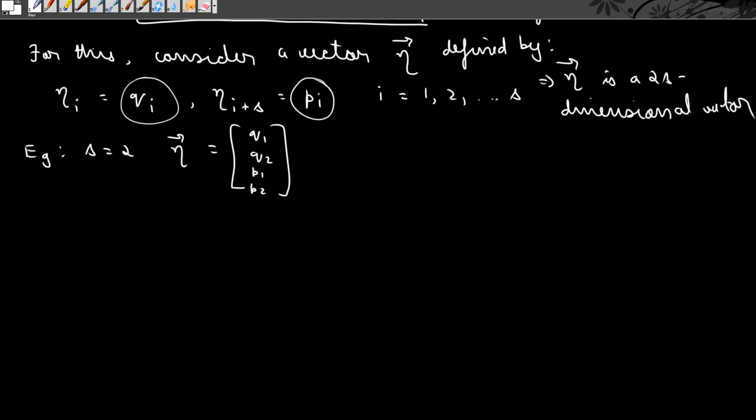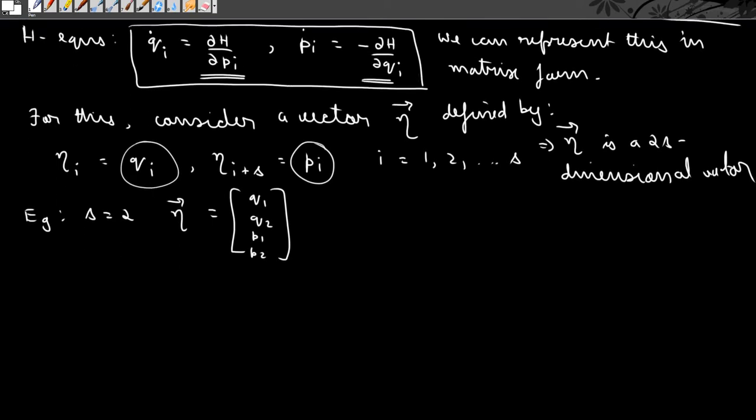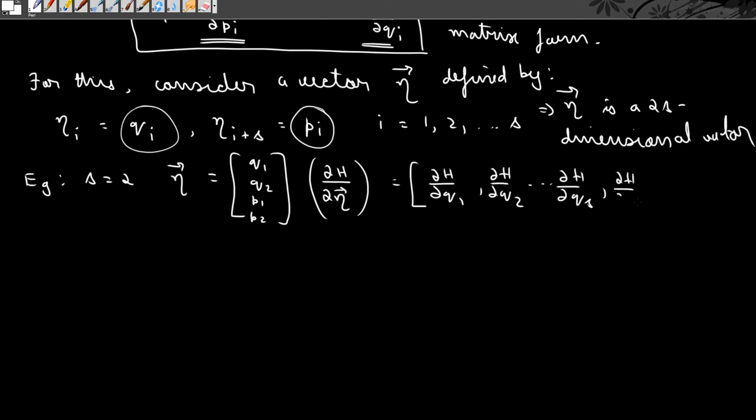So what will be the value? Here our Hamilton's equations have partial derivatives of this form, and if I calculate the value of dou H by dou eta vector, this quantity is itself going to be a vector whose components are dou H by dou Q1, dou H by dou Q2 up till dou H by dou Qs, then dou H by dou P1, again up till dou H by dou Ps.